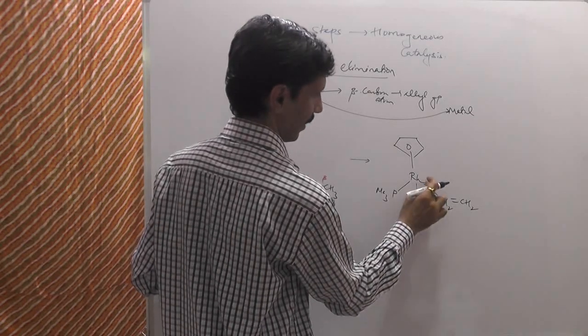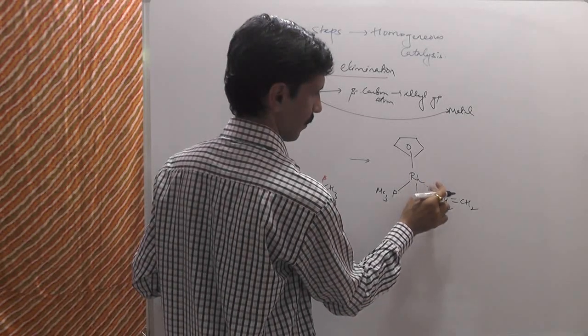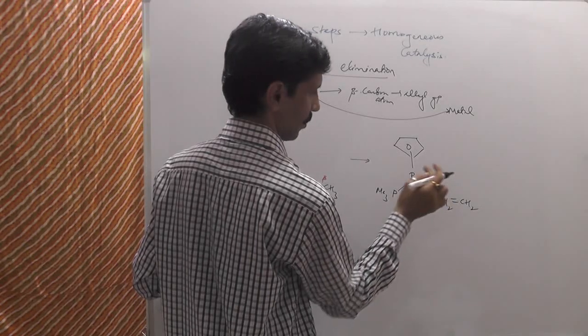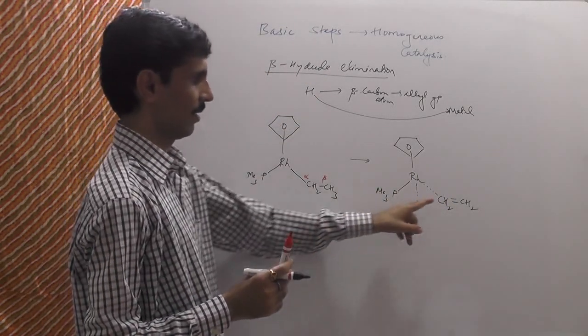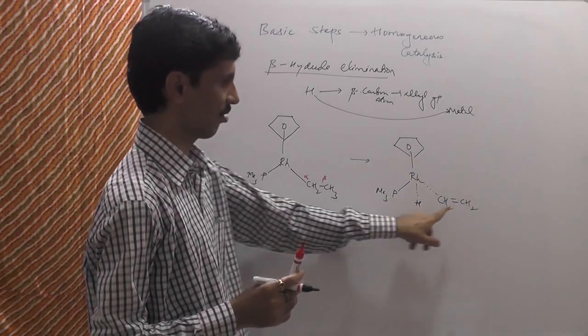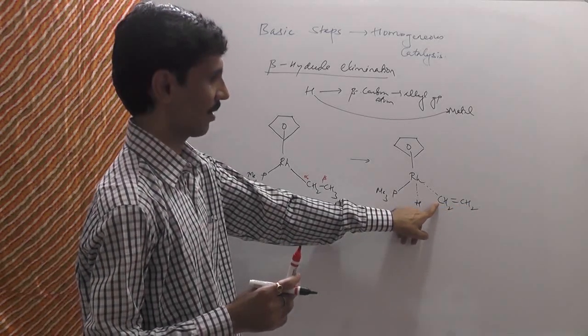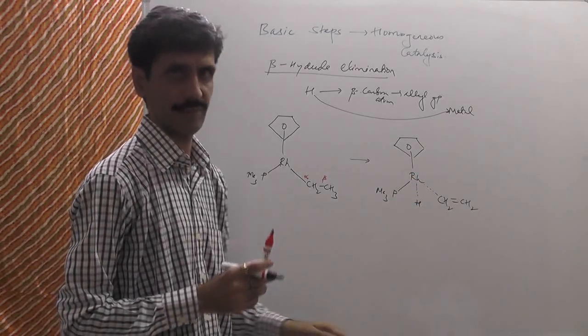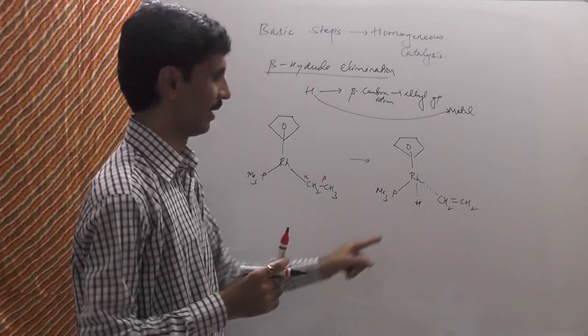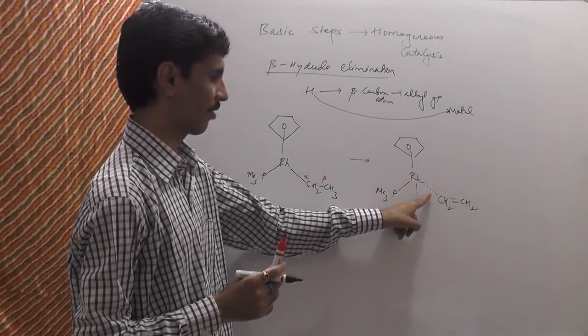Now I'm going to show over here two dotted lines, because this is considered to be an unstable state. Because of CH2 double bond CH2, if you can see this carbon atom, this carbon atom is having 5 bonds, so it's pentavalent. Pentavalent carbon is generally unstable. So I'm going to show this by means of dotted lines.